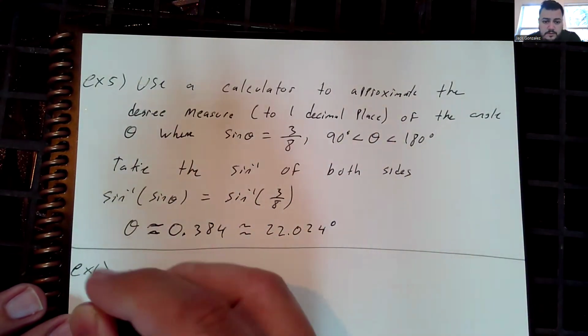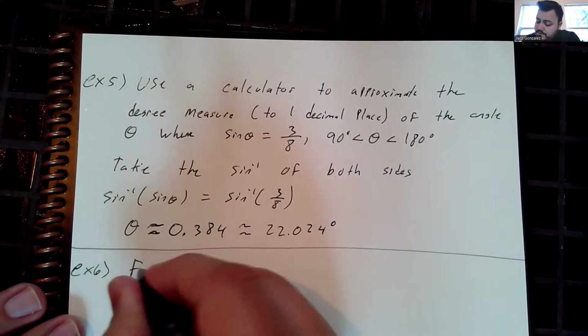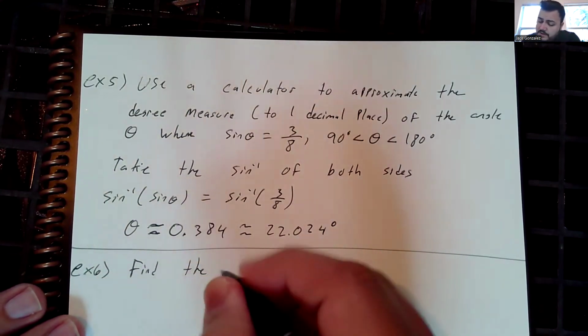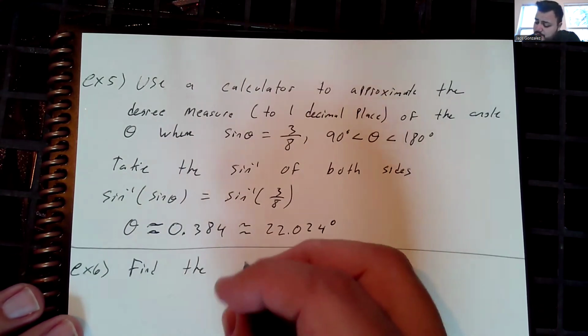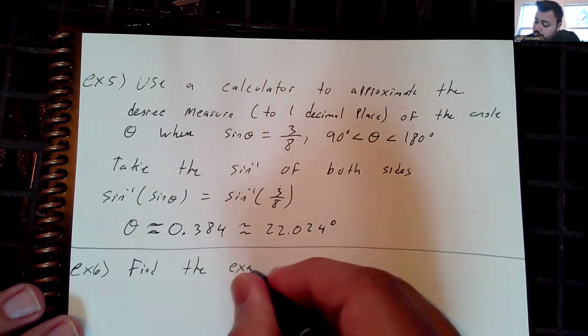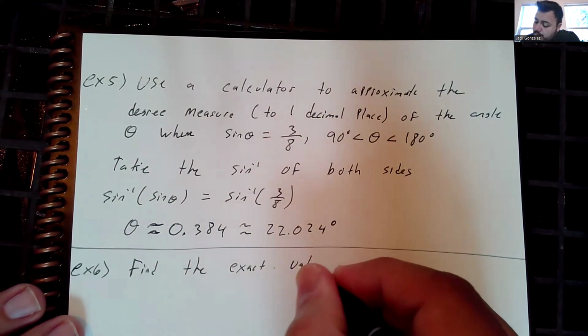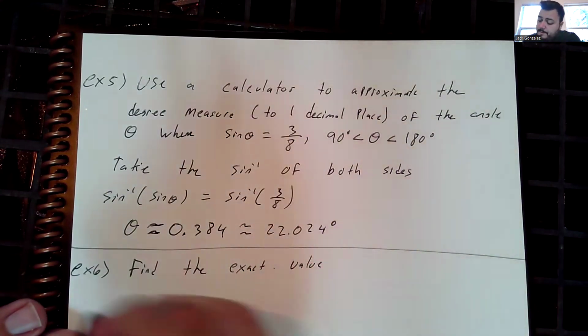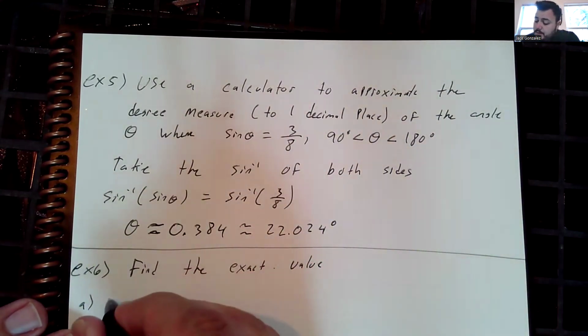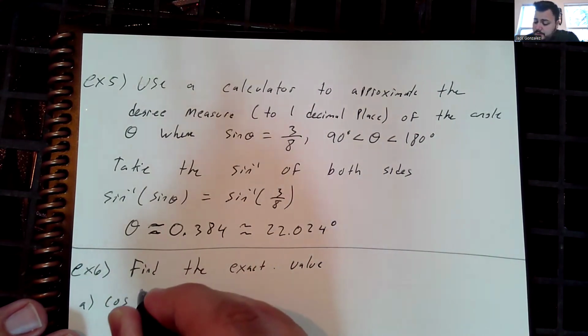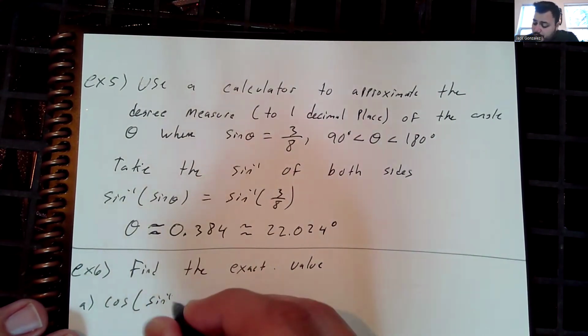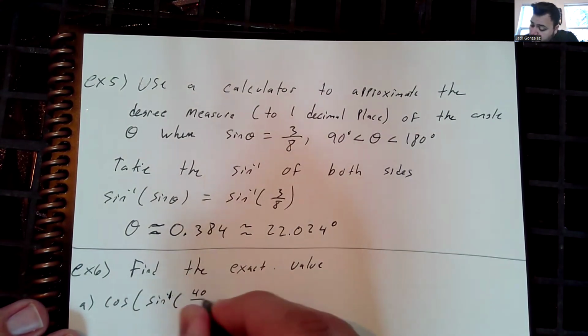Example 6, let me go ahead and write this one out. And if they say find the exact value, you're going to have to use triangles to deal with this. Your calculators won't do it. So part A: cosine of sine inverse of 40 over 41.